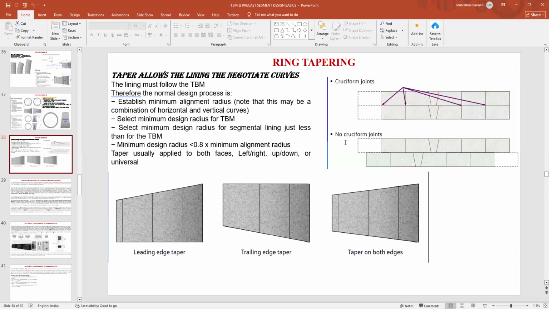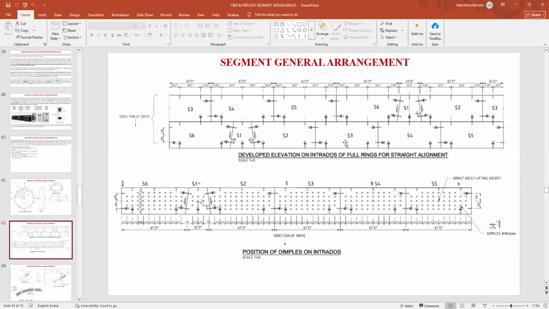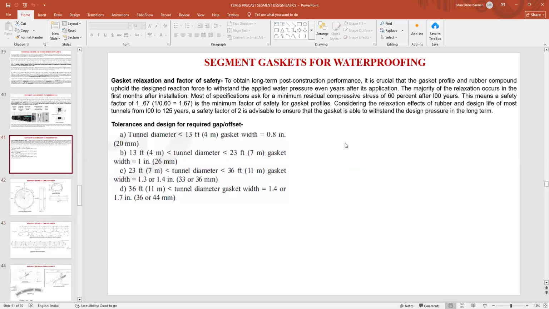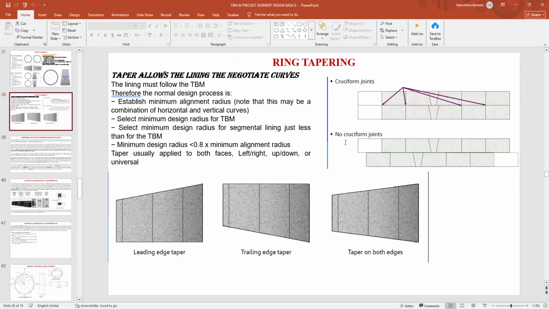At that portion, whatever segments are being built, all the segments are joined. Here you can see the segments are not in a line, they are in an offset. That is why the curve, or you can say the tapering, needs to be managed properly. If the curve is not managed properly, the cruciform joint forms where the segments come in a common line.